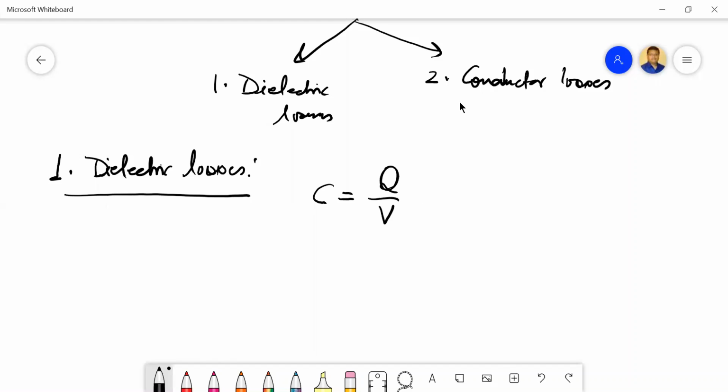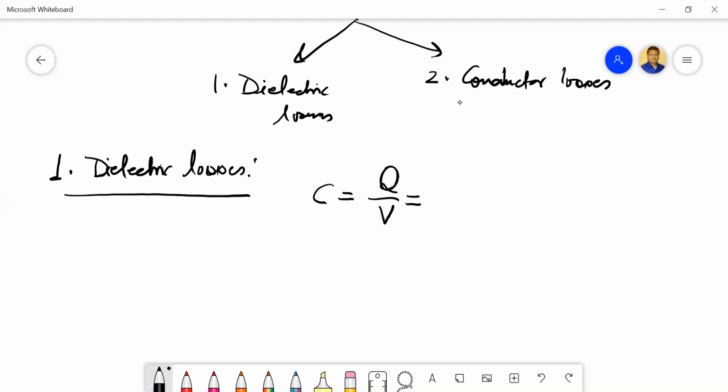So to understand what are the dielectric losses, it is better to recall or better to start with this equation, which is C is equal Q by V. Now, how we can express it in terms of the electromagnetic parameters, like in terms of the electric field, in terms of the magnetic fields, D, okay?